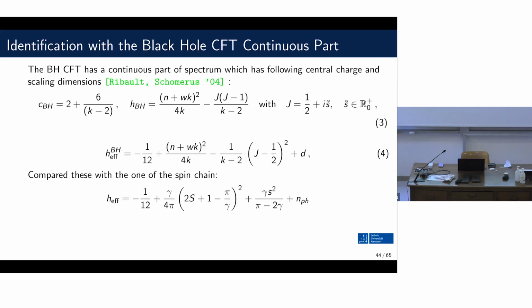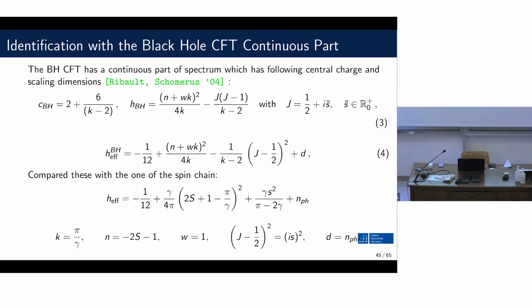So when we compare this with the spin chain, we find that the level of descendants is controlled by particle-hole excitations. And when we match these terms, then we can identify the variables of the CFT with some quantities in the lattice. We find that the K level is given by pi over the anisotropy, that N is basically the momentum, and the winding number is 1, and that this continuous component is then given by the quasi momentum operator.